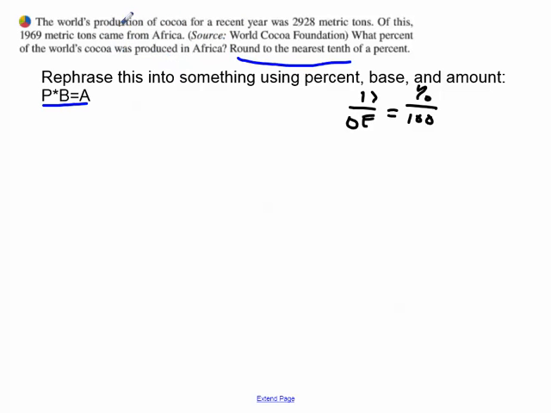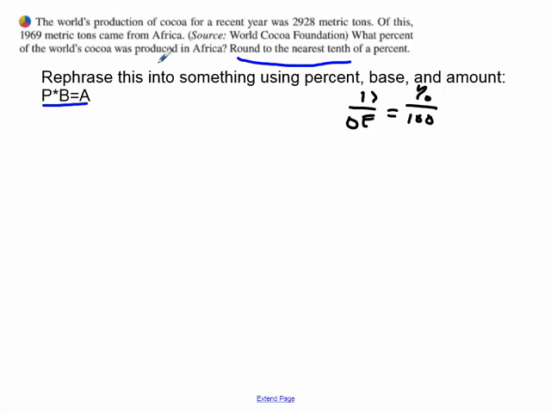From Africa, we've got 1,969 tons. The total of the world's production is 2,928. So what percent of the world's cocoa was produced in Africa?